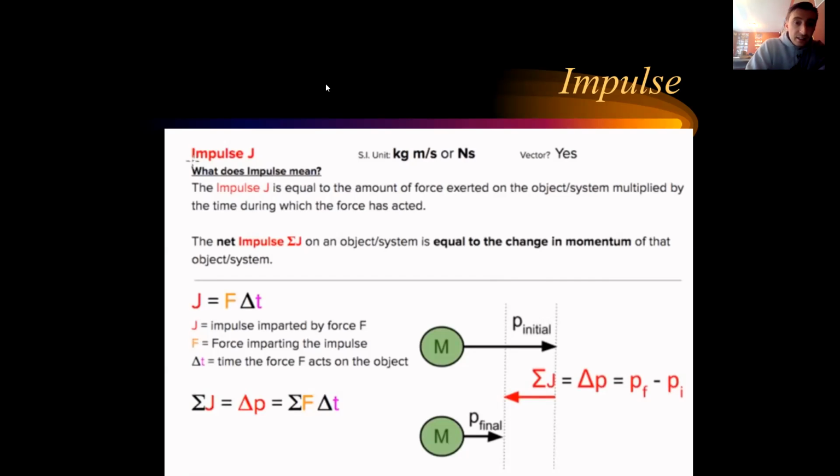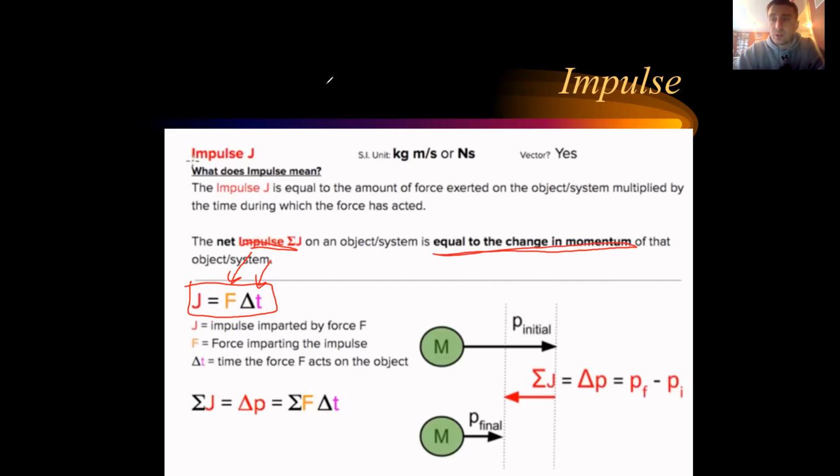J is impulse, and it's equal to force over some amount of time, okay? So there is going to be a change of momentum, right? We said if there's no outside force, momentum stays the same, but here there is going to be a change in momentum, and it's equal to the force over time. I also know that impulse is equal to the change in momentum.